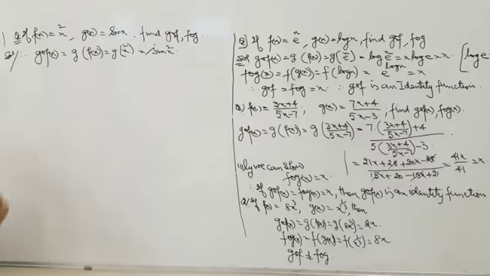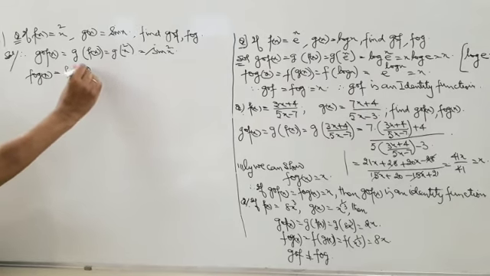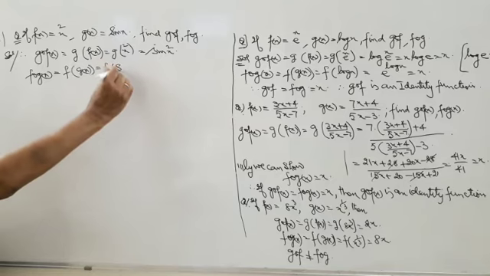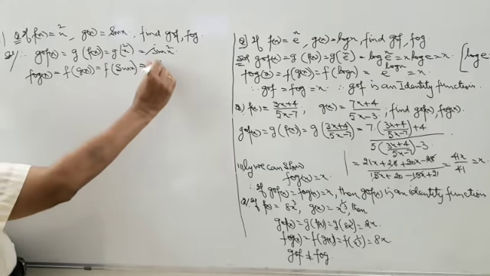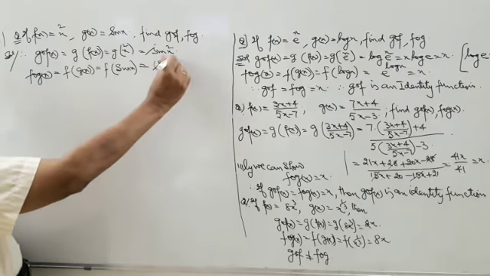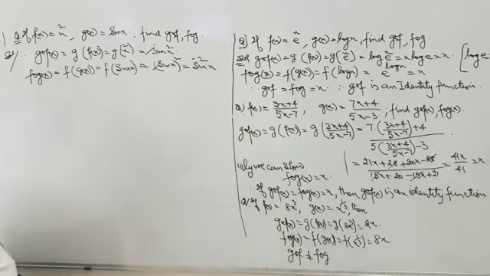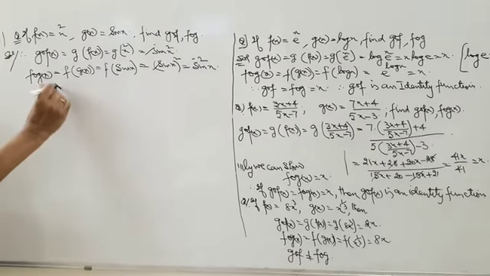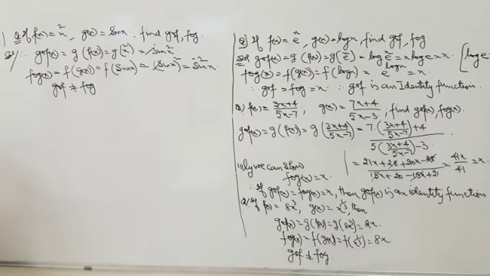Check out. And when you have f circle g, f circle g(x) is f of g(x). This is f of sin x, and therefore we say it is sin x the whole square, which is equal to sin square x. Look, that means it's very clear that g circle f is not equal to f circle g. That means composition mapping is not commutative.